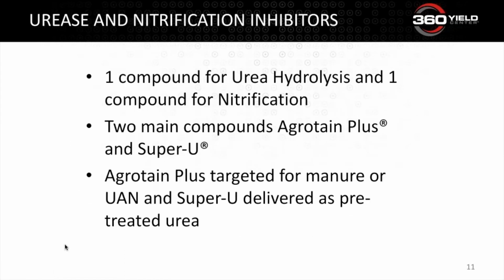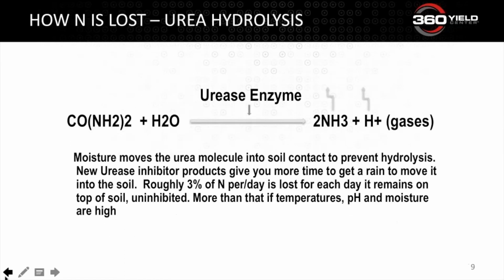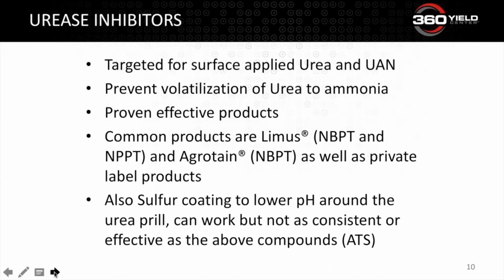If you spread urea a day after a rainfall, this will go faster. By the way, this is why in the old days you could spread urea on snow, right? As the snow melted in, it carried it into the soil, and because it was so cold, it didn't drive this process very quickly. But again, what we're trying to accomplish with the urease inhibitor is stop the gassing off of the urea molecule.